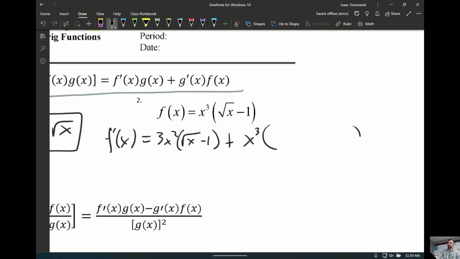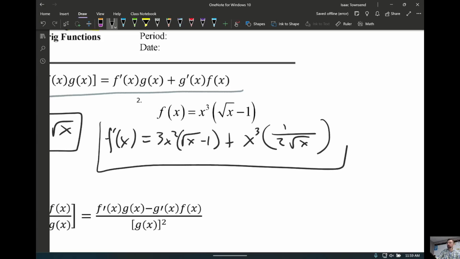So that would be, bring the power down, lower the power by 1, move it to the other side of the denominator, and the derivative of the constant is 0. So we don't need to write that. So again, technically that's the derivative, but we will have to practice simplifying it some, but not for right now.